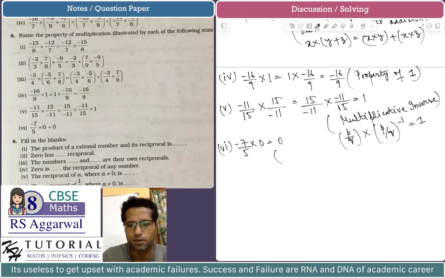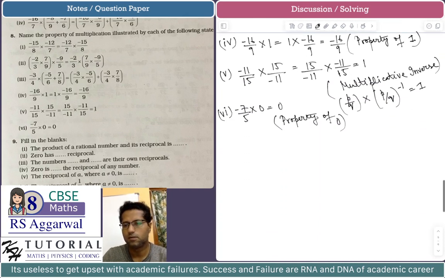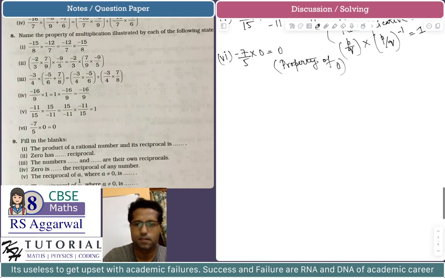This is property of 0. That is, if you multiply 0 with any rational number, the result is always 0. Okay. So while I am solving the problem, you can pause the video and take a screenshot for your future reference. Let's do problem number 9.